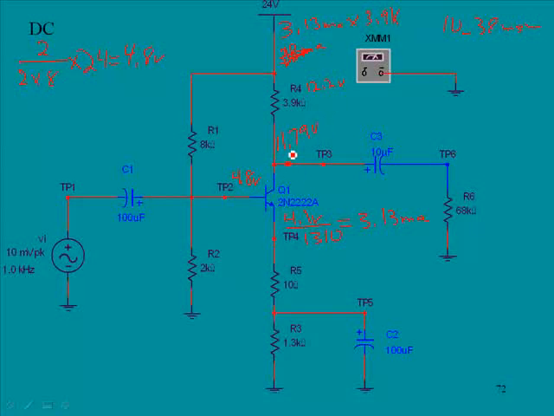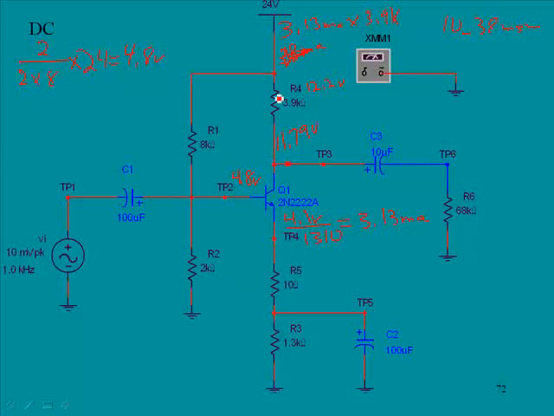Now that is a DC value. This is a pretty close approximation of the DC values that you would measure on this transistor. So because of this voltage divider, we'd have about 4.8 volts here. We would have about 4.1 here, a 0.7 drop. That would establish a current through these two components that would flow through here.